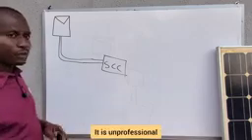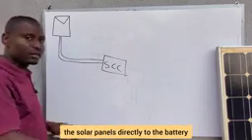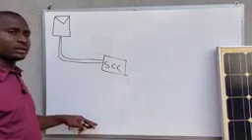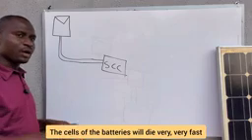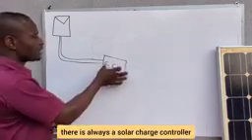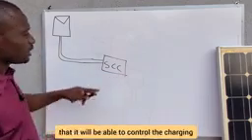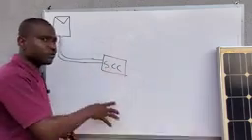It is unprofessional. It is a very bad practice for you to connect the solar panels directly to the battery. It will kill the cells of the battery. The cells of the batteries will die very, very fast. So in every solar installation, there is always a solar charge controller. You must install a solar charge controller so that it will be able to control the charging of your battery.